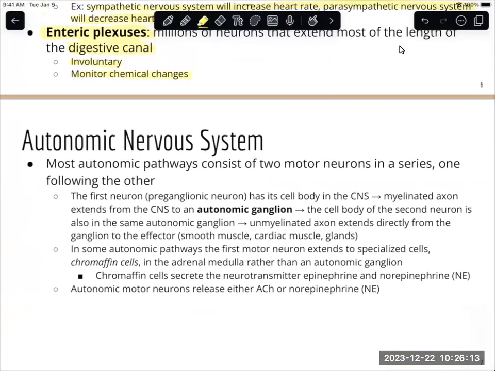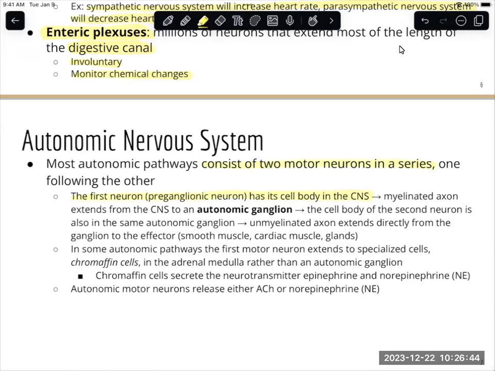So we mentioned that in the somatic system, there's usually a single neuron that is coming into the spinal cord or going out. The autonomic nervous system has a two motor neuron series. So that first neuron, its cell body is in that central nervous system. It's either going to be in the brain or the spinal cord.